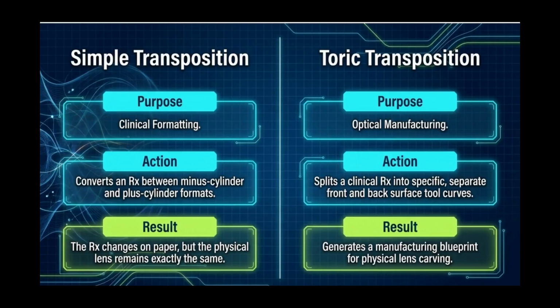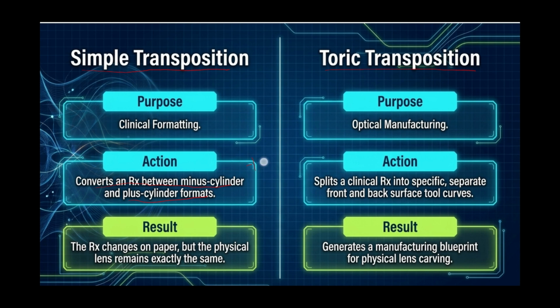So earlier we learnt about something known as a simple transposition. Now we are learning about toric transposition. So what is the purpose of both of these? Simple transposition is nothing but a clinical formatting, just expressing the same prescription from one type of cylinder into another type of cylinder.